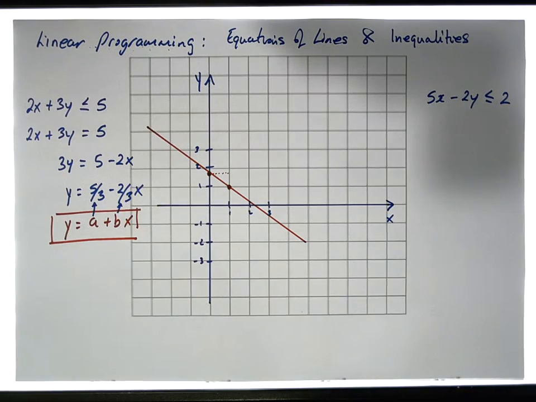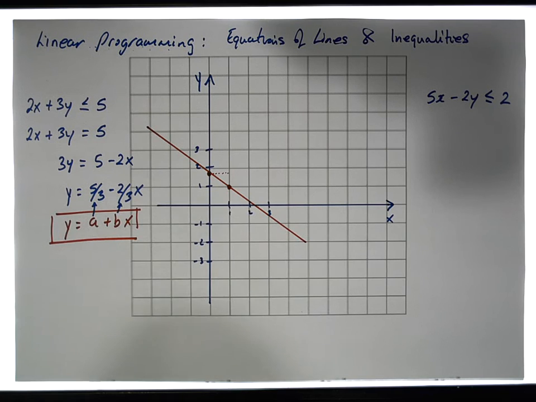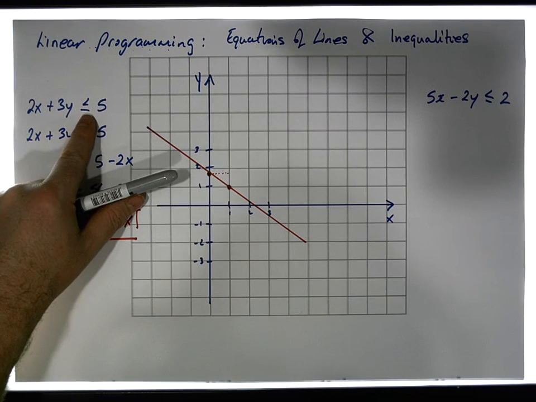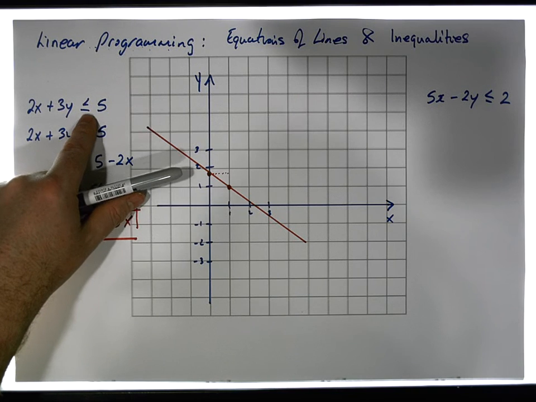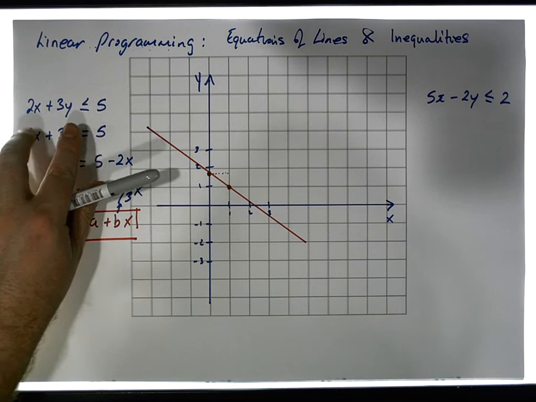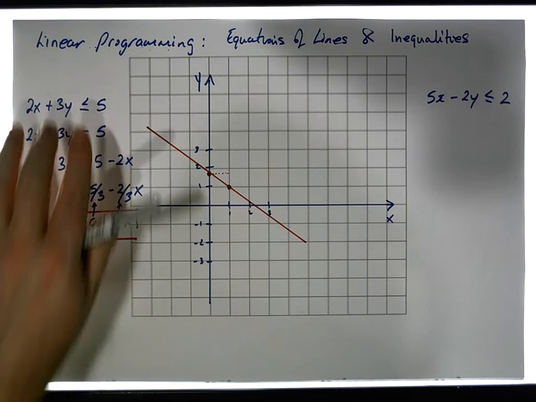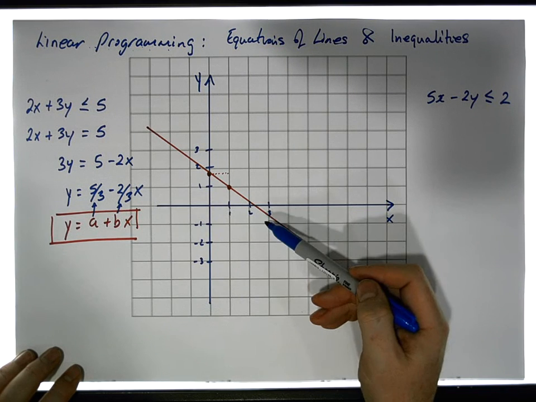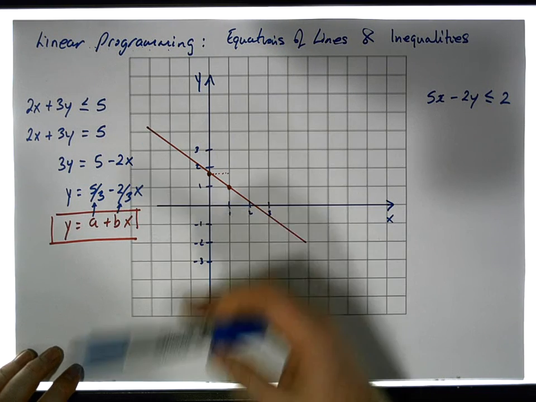Now, although we are interested in the equality piece, we're also interested in points that are less than or equal to 5 with respect to their x and y coordinates based off this relationship. Every line splits the plane up into two portions.